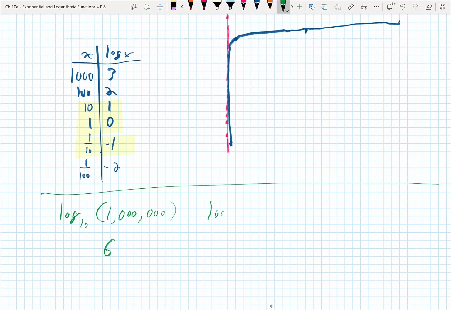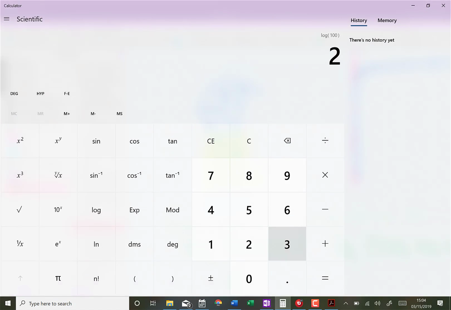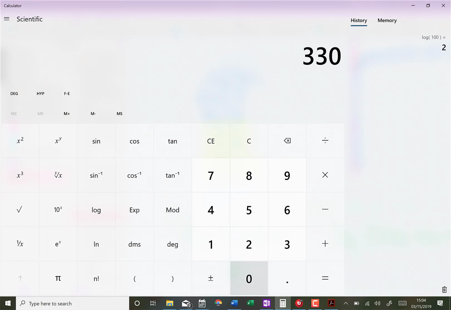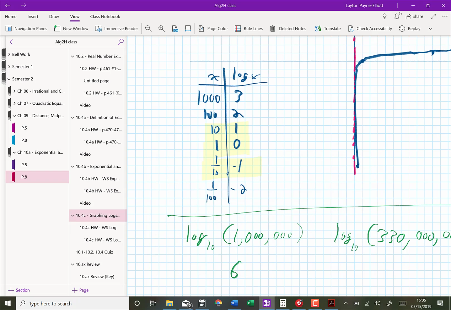What is the log base 10 of the population of the United States? We're about 330 million, I believe, somewhere in there. So we could do that right here. 330,000,000. I press the log button, and I get about 8.51, 8.52.